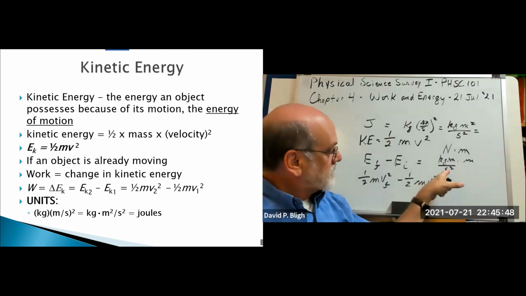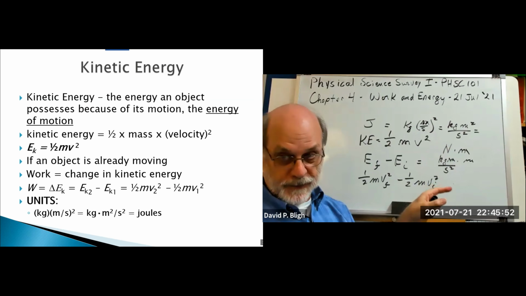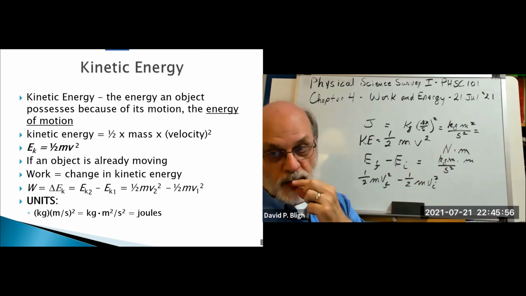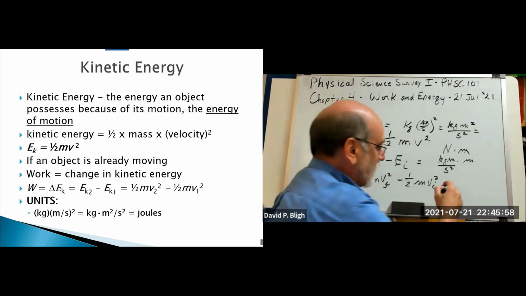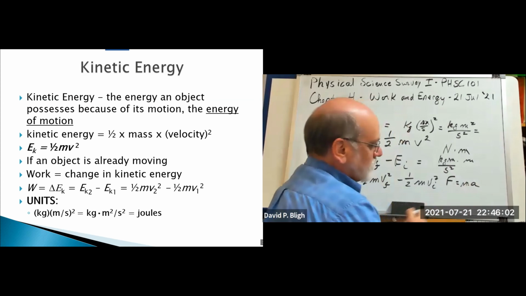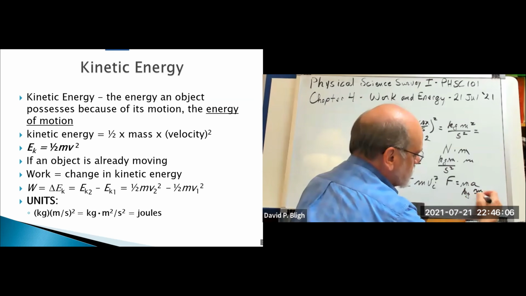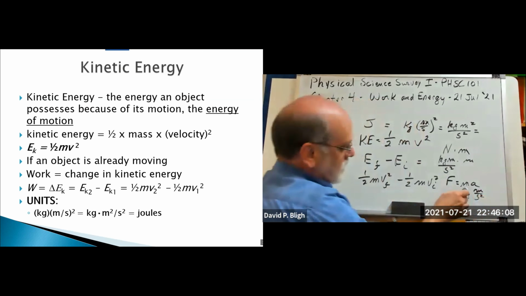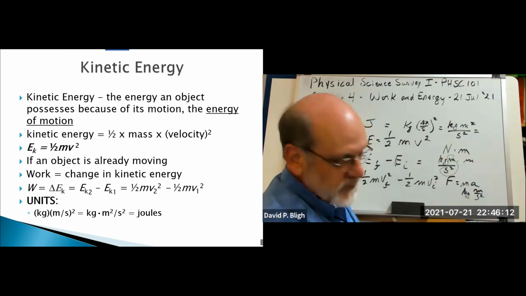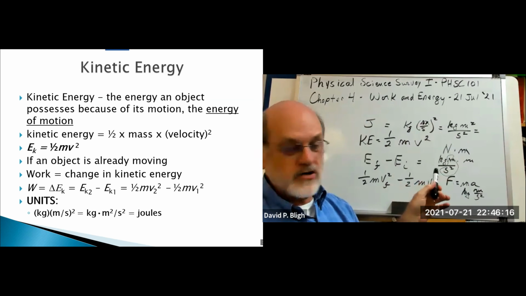So this is the newton part, and this is the distance part, the meters. But where do newtons come from? It's a force, right? So force equals mass times acceleration. Mass is kilograms. Acceleration is meters per second squared. So there's your kilograms and your meters per second squared. Now all of these things are related by the units of their measure.